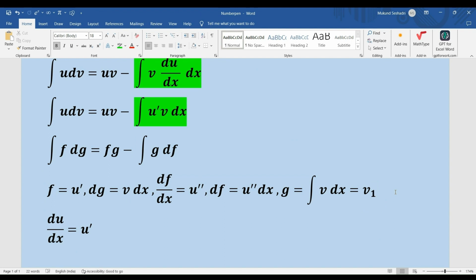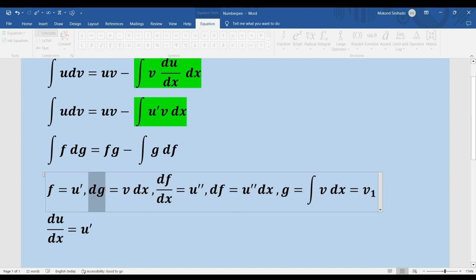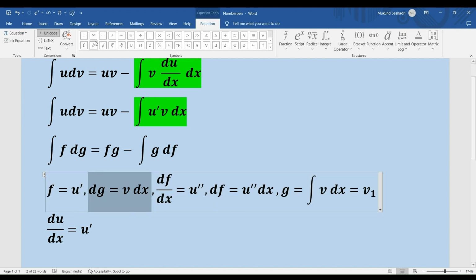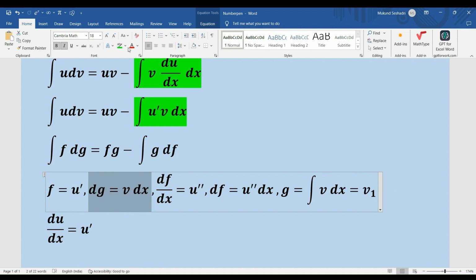Again, I'm repeating this. When my dg equals v dx, my g is the integral of v dx, which I'm calling v1, my first successive integral of v.